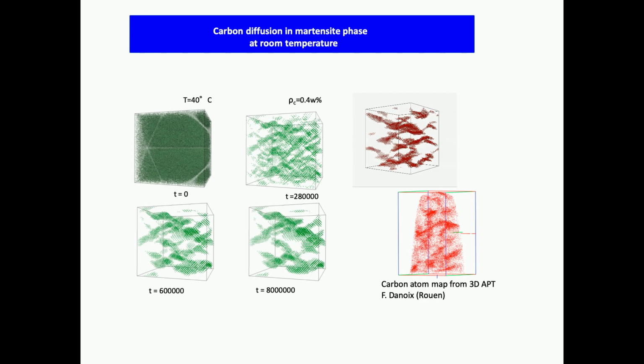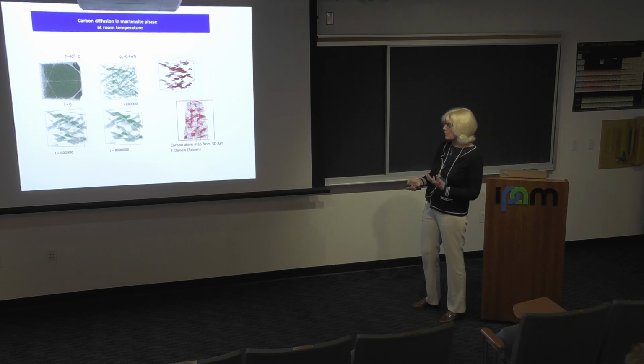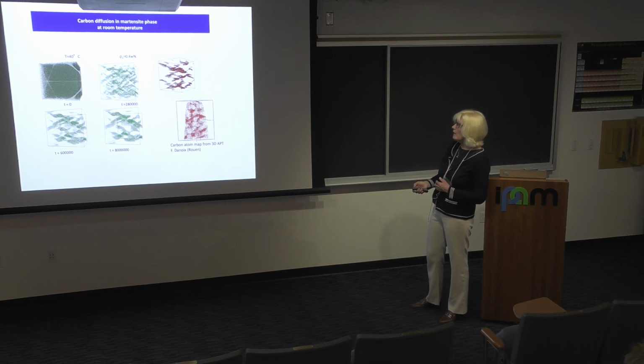And what is good in our case, because we are working with a group in our laboratory who are specialists in 3D atom probe analysis, is that we have at the same scale the experimental data, and we can compare our results directly with the experimental data obtained from 3D APT analysis.